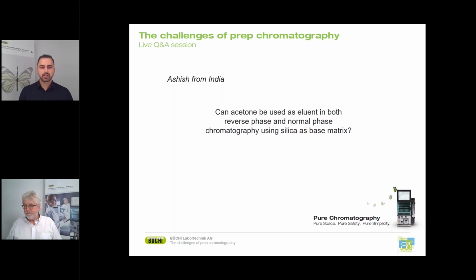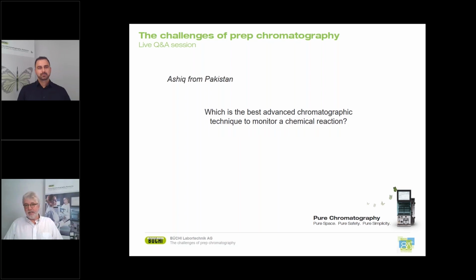Which is the best advanced chromatographic technique to monitor a chemical reaction? We are talking about advanced technique here. First thing I would say is, from experience, I would say the vast majority of users are using TLC to monitor what they are doing, because I would say the main reasons: it's cheap, it's fast, so they very quickly get an idea of what is happening in their reaction.